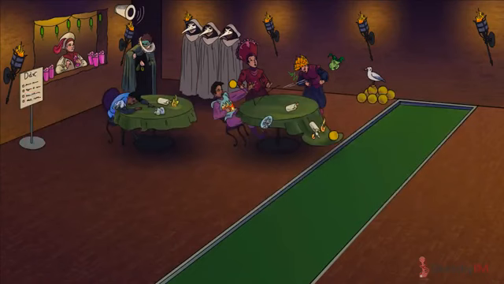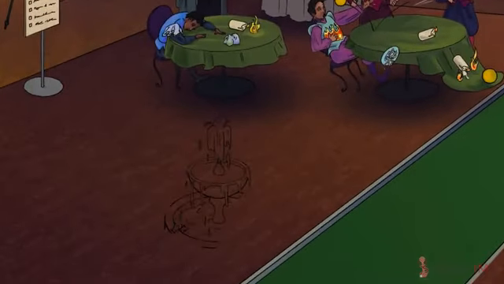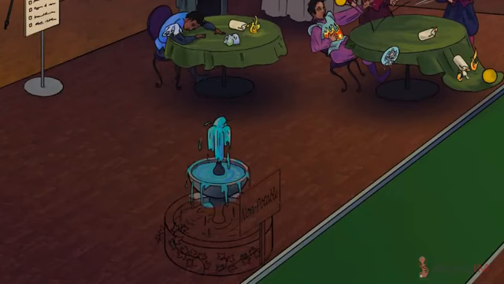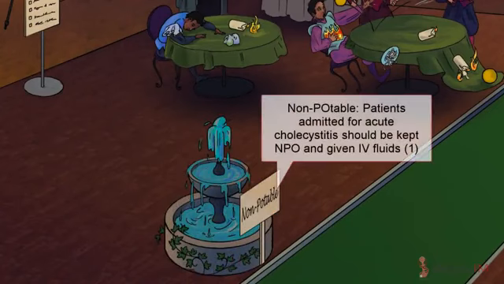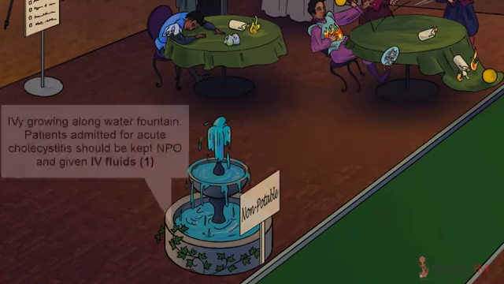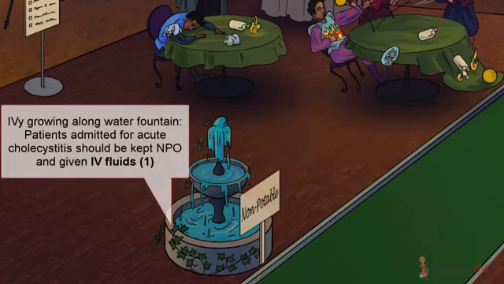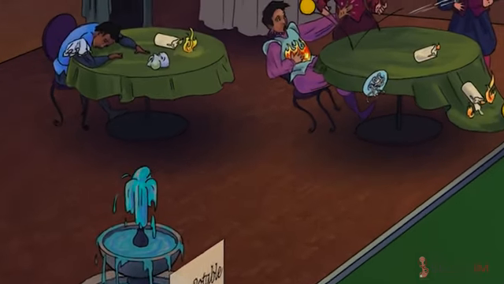Alright, with your diagnosis of acute cholecystitis in hand, it's time to act. First things first, make patients nil per os, aka NPO, aka non-potable. This helps with nausea and is a good rule of thumb whenever there's any possibility of having to go to the OR. And the IV? IV fluid should be administered as a resuscitative measure, as supportive care is a staple of treating acute cholecystitis.